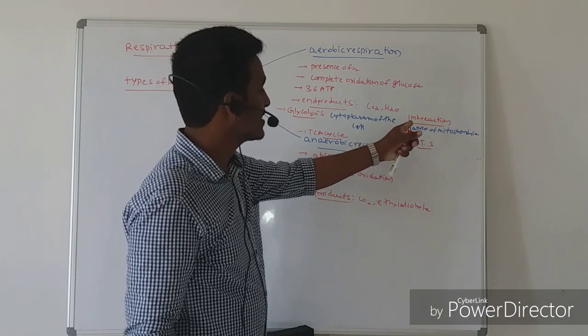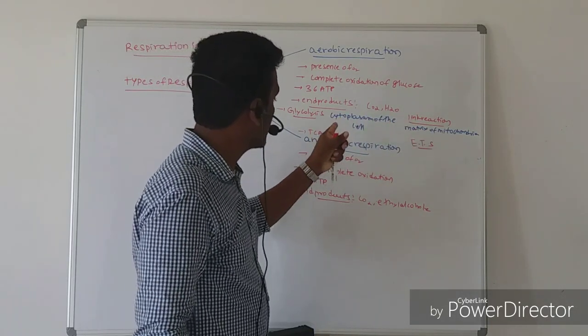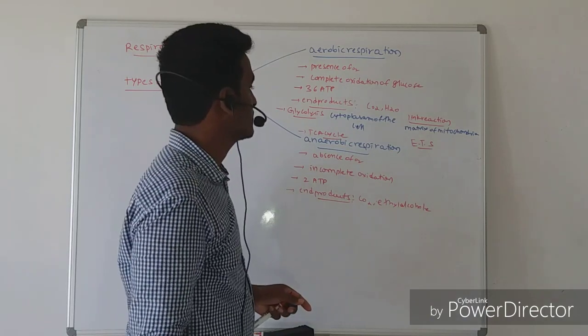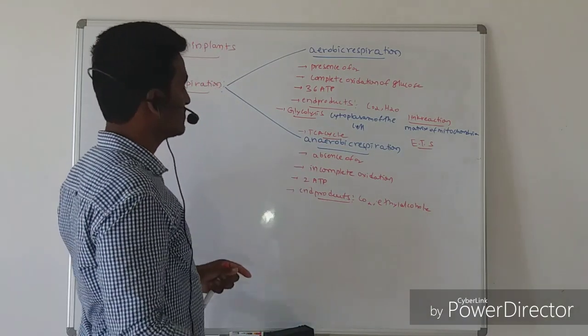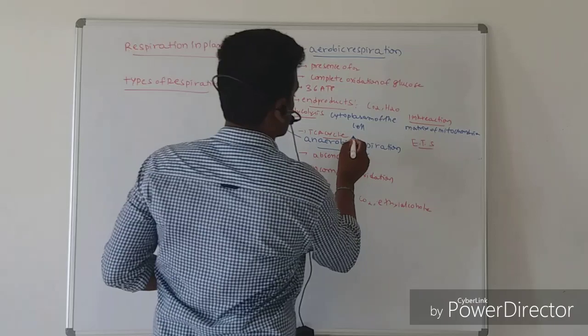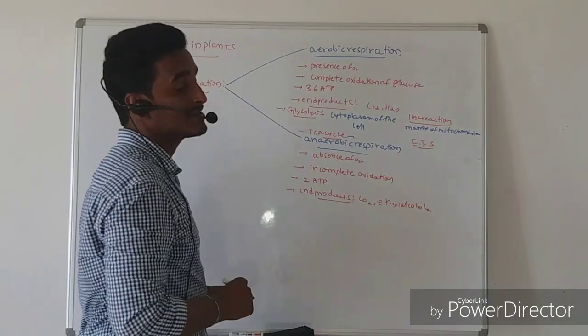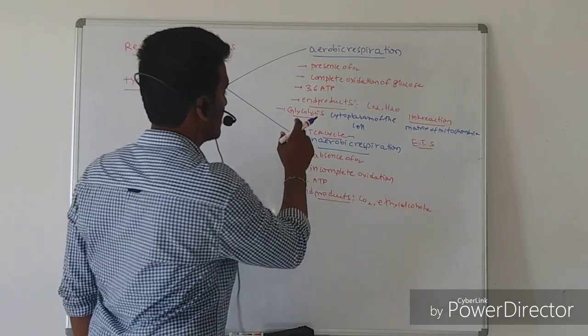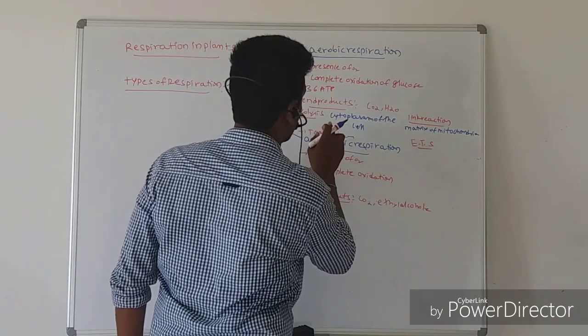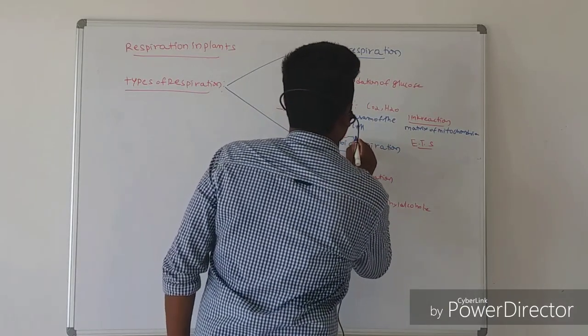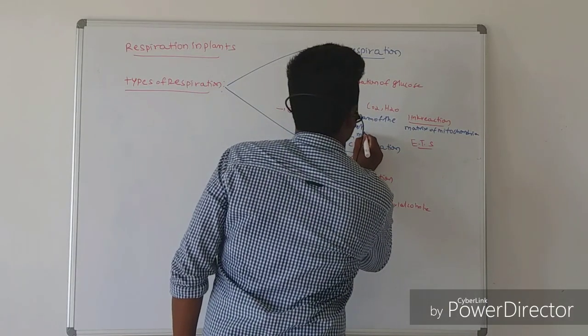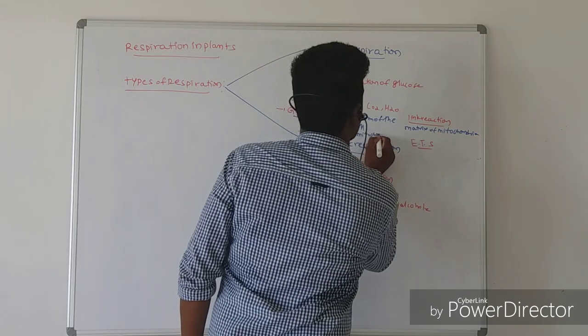Why is it called the link reaction? It is a connecting link between glycolysis and the TCA cycle. What happens in the link reaction we will discuss in the next classes. The TCA cycle, also called the tricarboxylic acid cycle or Krebs cycle, takes place in the mitochondrial matrix.